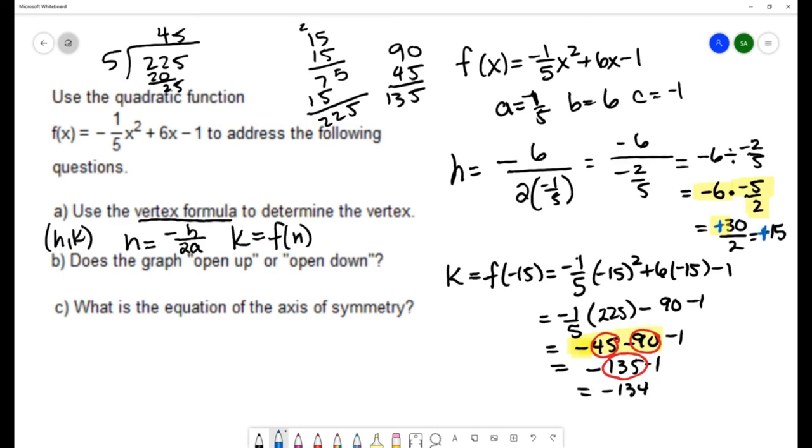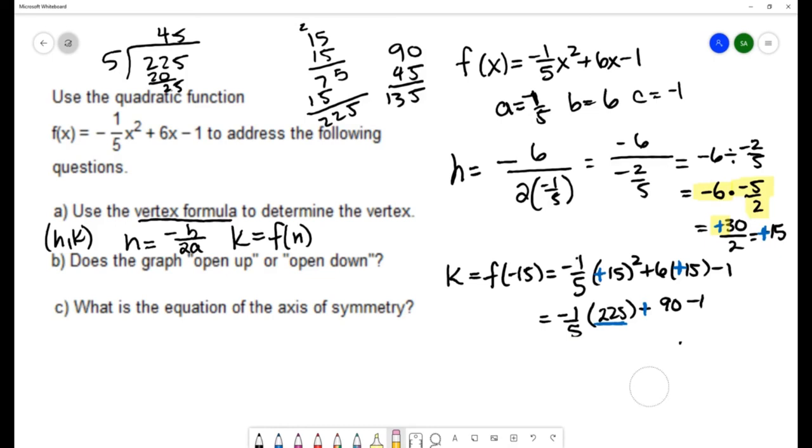So I'm going to make these corrections. This should be a positive 15. That does not change this number right here because negative 15 squared and positive 15 squared are both 225. But if we change this right here to a plus, that's going to change this to a positive 90, and it will change this up. So let me go ahead and correct that.